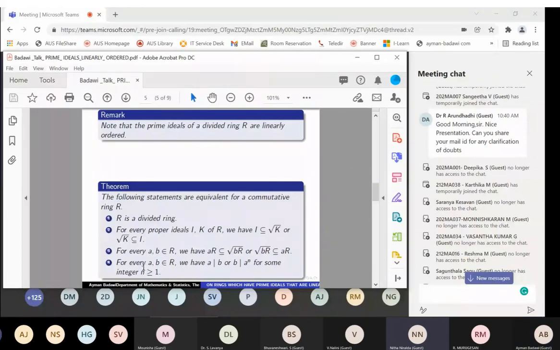The answer is no. In fact, there are many classes of rings that are not valuation domains, but at the same time, they are divided rings. If you have a valuation domain, then the ring is divided, but divided never implies a valuation domain. It's only one direction.